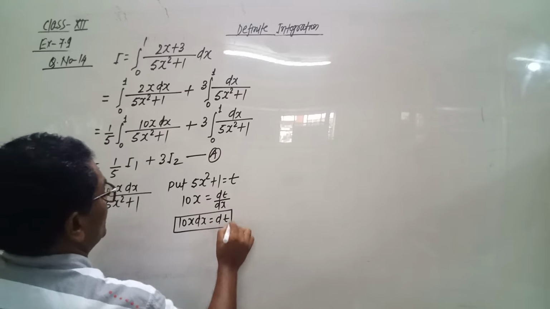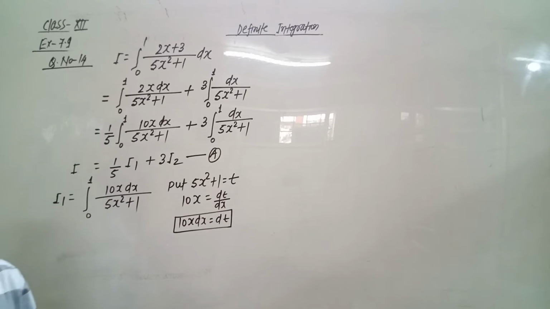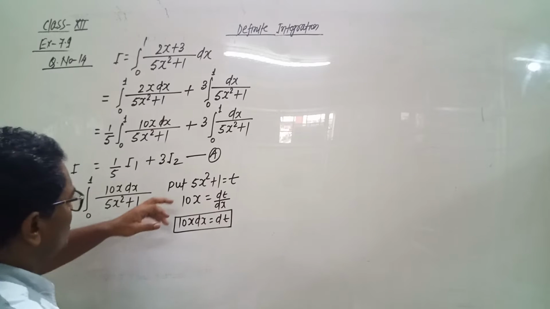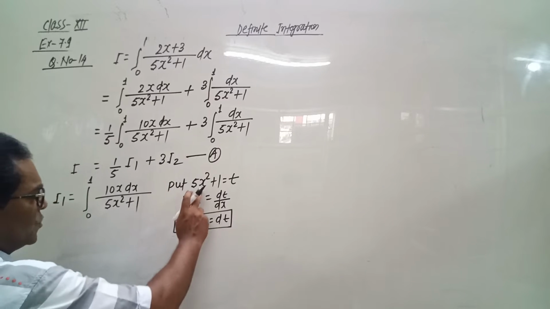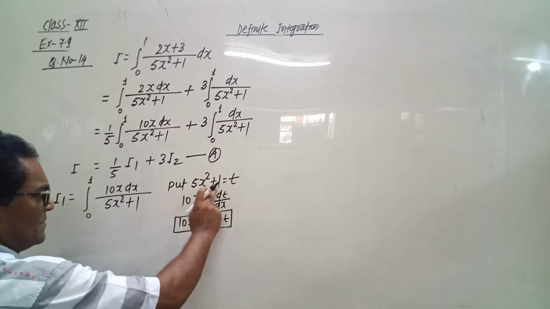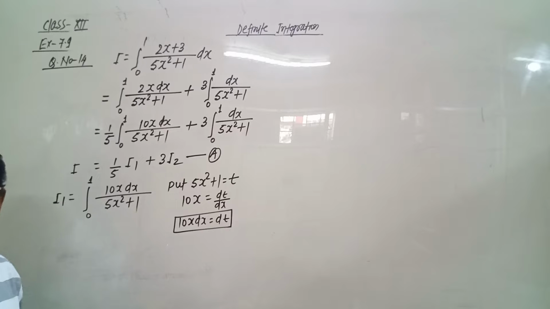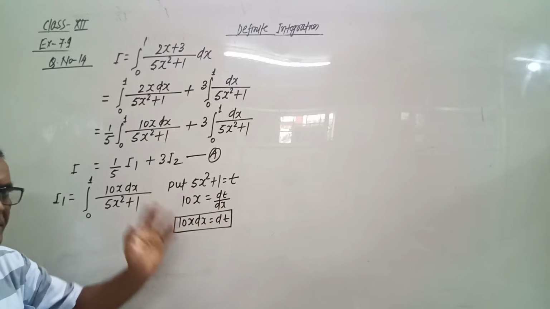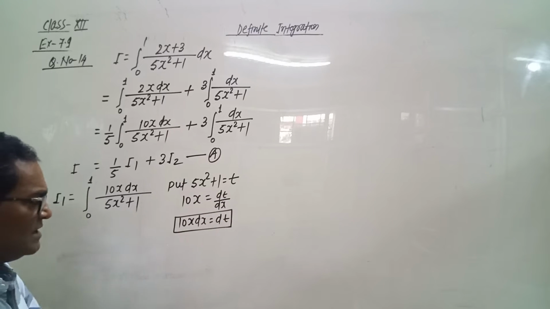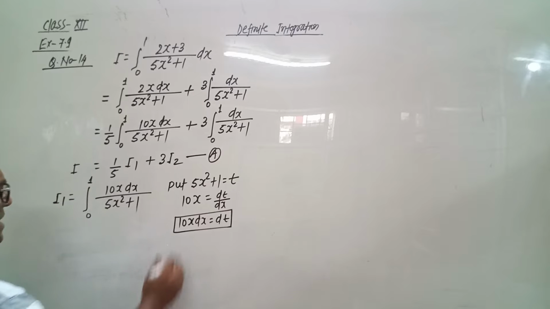And since we have made a substitution, we will have to change the limits also. To change the limits, we put the lower limit and then the upper limit in the substitution, and the values of t which we obtain would be the new lower and upper limits.